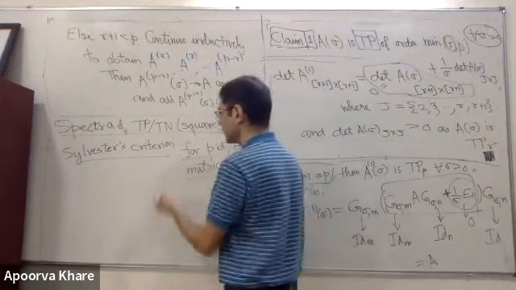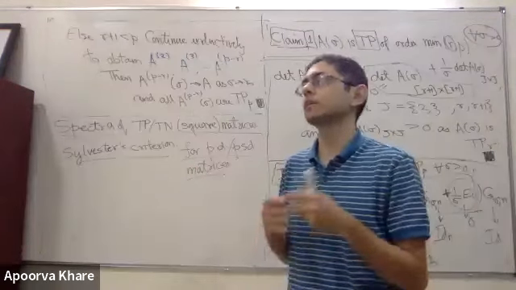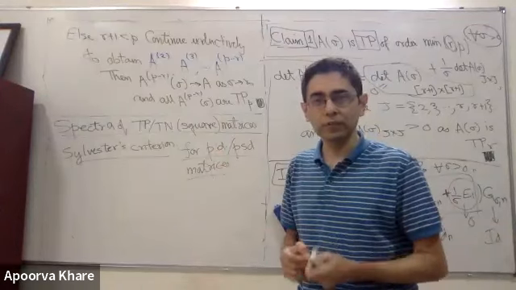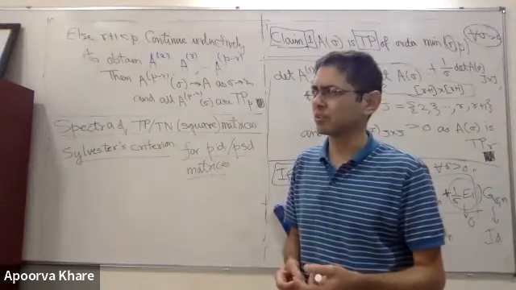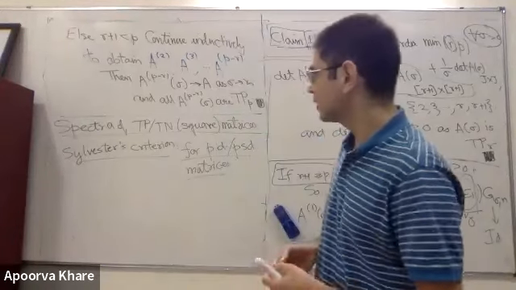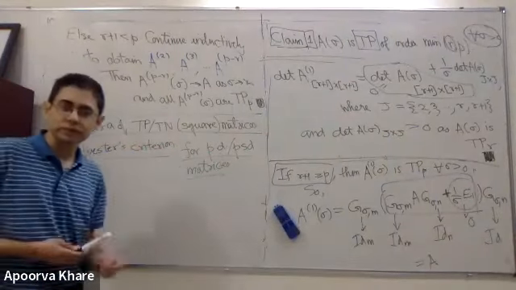I won't write it down, but I will tell you. The criterion is that a real symmetric, so square, matrix is positive definite if and only if all its principal minors are positive. There are many definitions of positive definite.